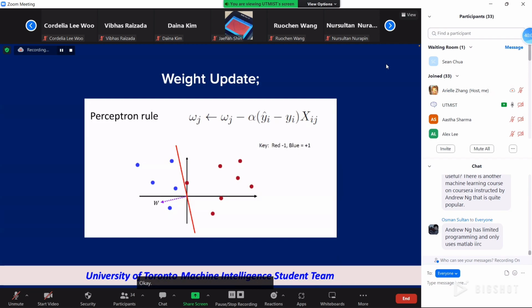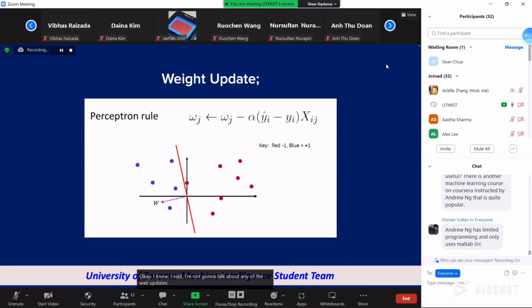Okay. I know I said I'm not going to talk about any of the weight updates, but I think this is quite essential for us to understand why we're connecting neurons together, because it's important for constructing decision boundaries.